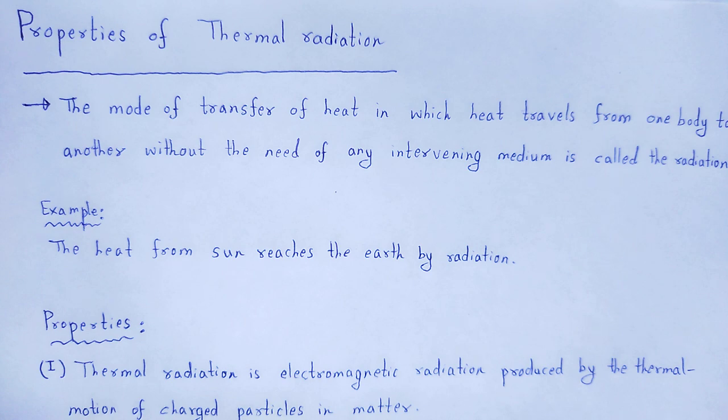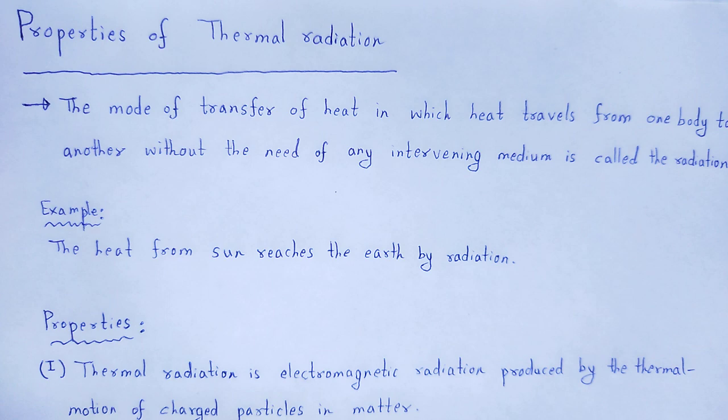If we observe the upper water level, then it seems to be heated, means heat flows from that lower end to that upper end. That is an example of convection.